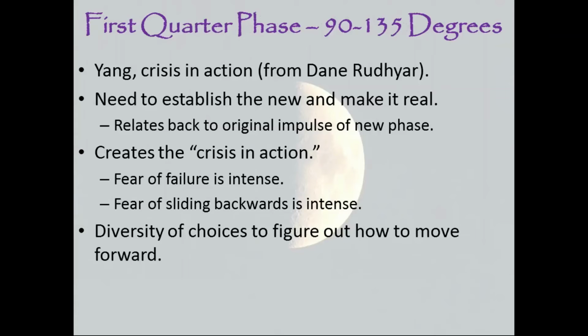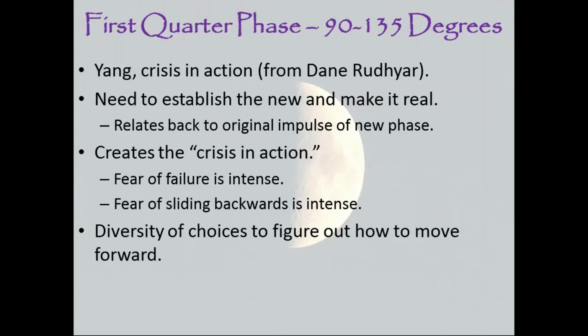We will also find that when we are at that 90-degree mark and moving to 95, 100, 115, there can be a diversity of choices in trying to figure out how to move forward and manifest that initial impulse from the 0-degree mark.